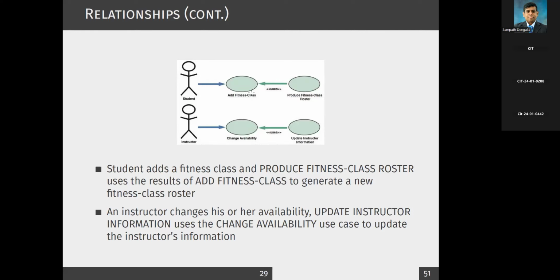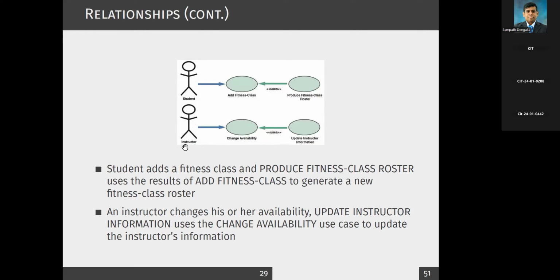This particular one is used to produce the fitness class roster, right? That's what uses means. For example, here it says students add the fitness class and produce fitness class roster uses the result of add fitness class. So you can see what happens here will be used by this use case.